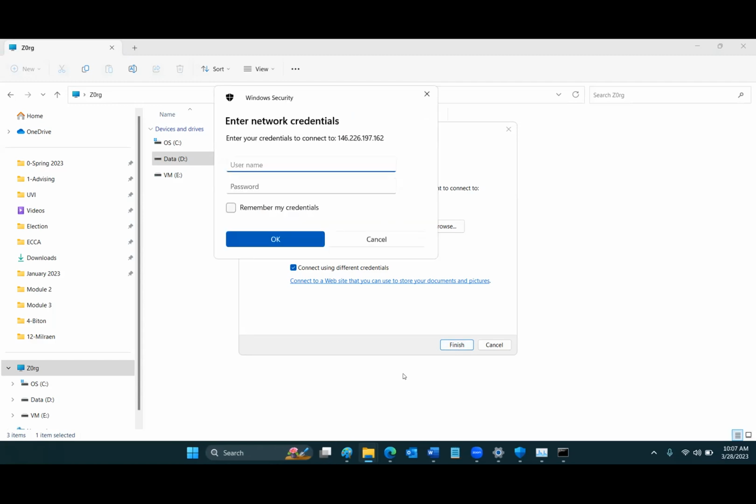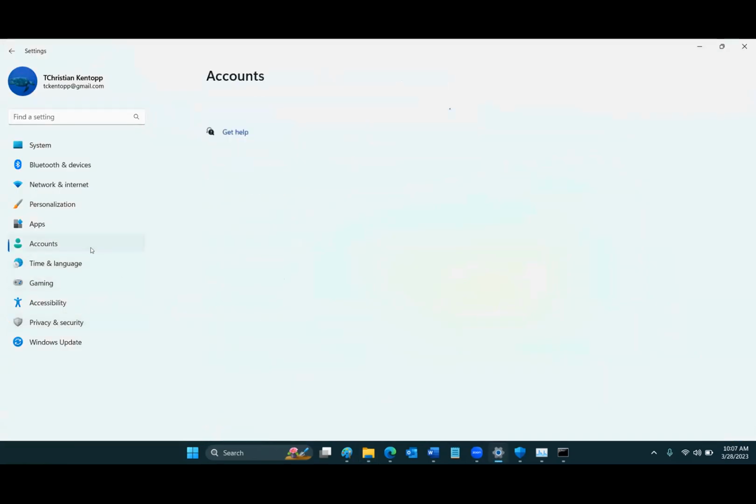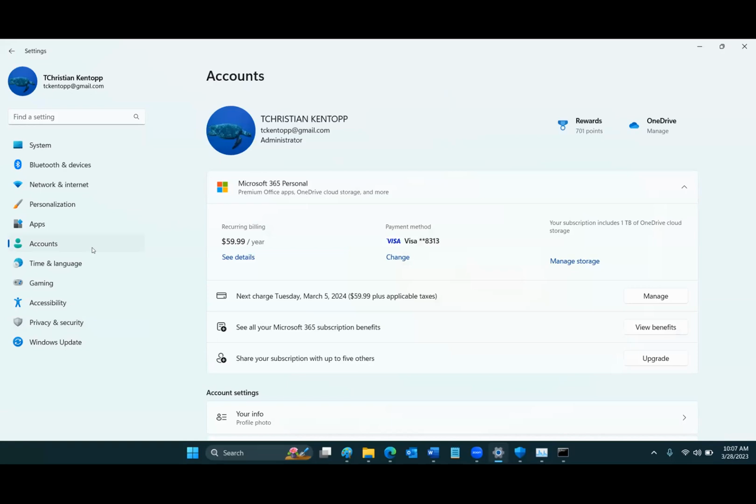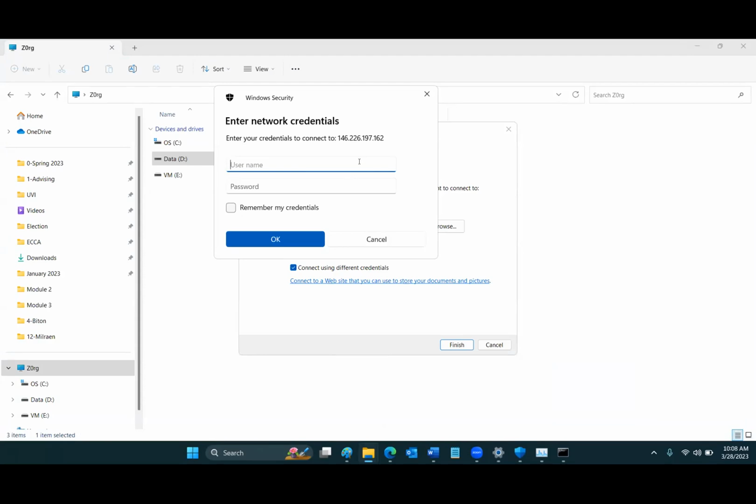Oh, okay then. Now, what is my account on this? I want to do this right. What is my account on here officially? tckentop@gmail.com, I think. Now let's presume that I'm using an administrative account.